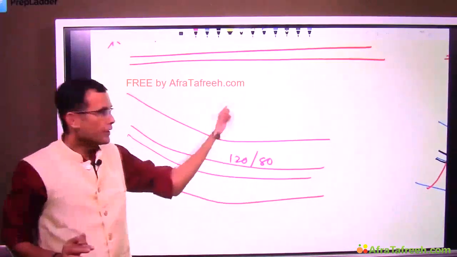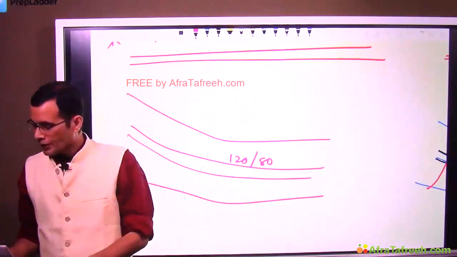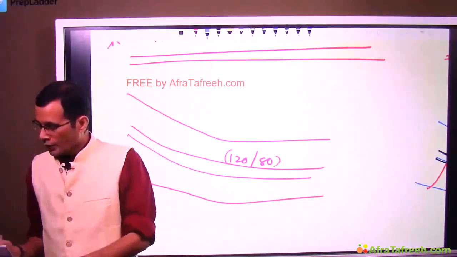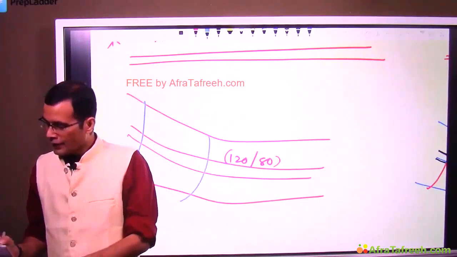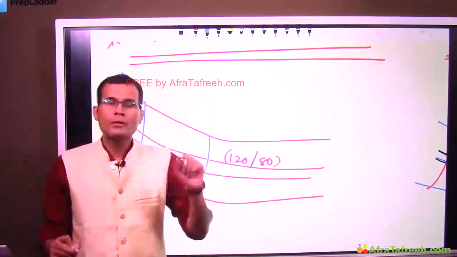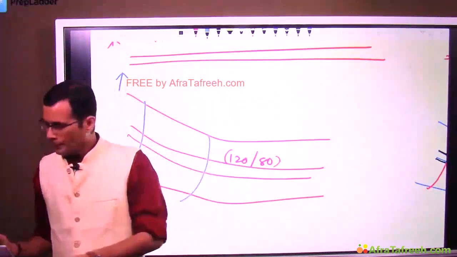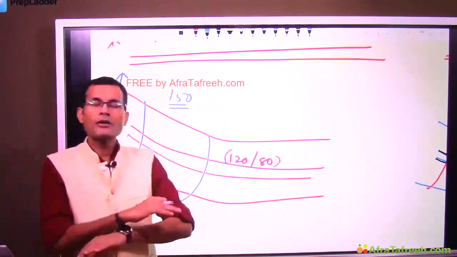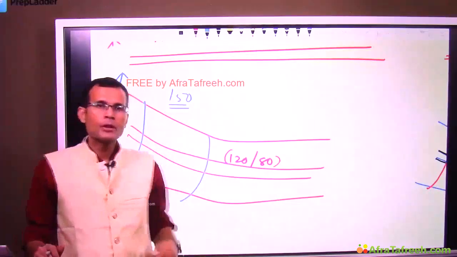Think about it independently. This pressure in the vessel is 120 systolic, 80 diastolic. We apply the BP cuff and increase the pressure. Now when pressure is raised up to 150 mm of Hg, the artery is completely occluded.